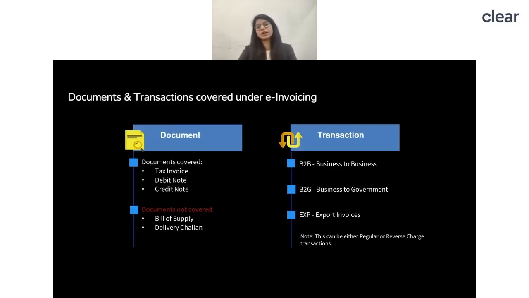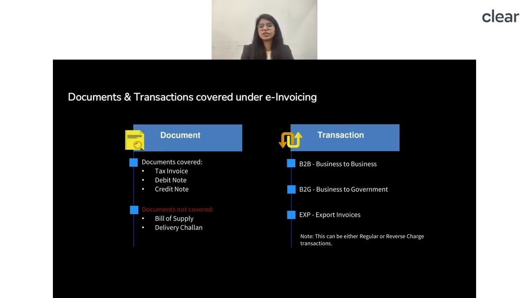So in this particular case, what will happen? I obviously have sent certain goods. Let's say there was a laptop I had to deliver. So I sent from one branch to another branch. Question is whether I'm required to generate e-invoicing in this case or not. So this is under the same GST from one branch to another, whether I'm required to generate the e-invoicing against this transaction or not.